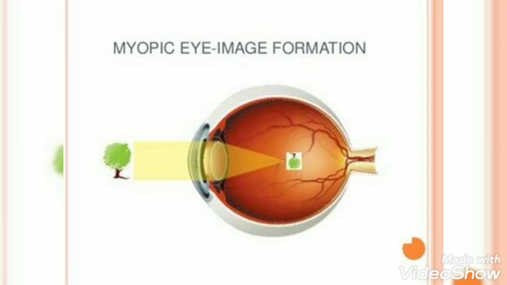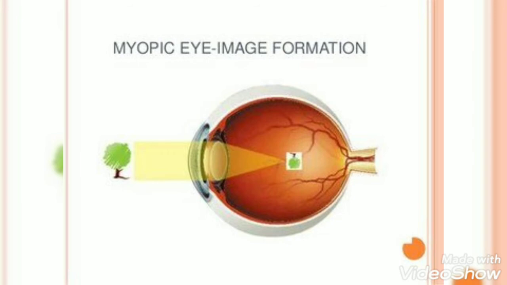Now you can see it over here. A person is looking at the tree, but the image of the tree is formed in front of the retina. It is formed in between, so he is not able to see the tree clearly.